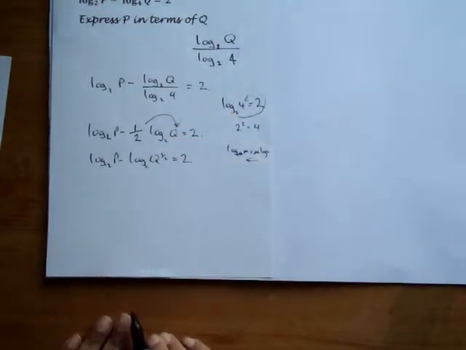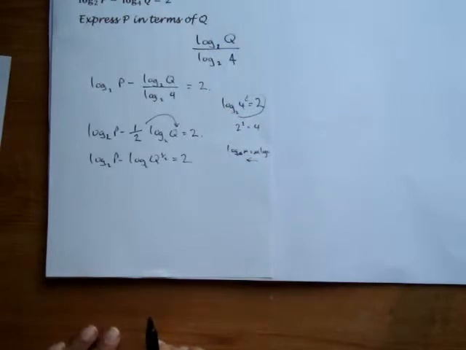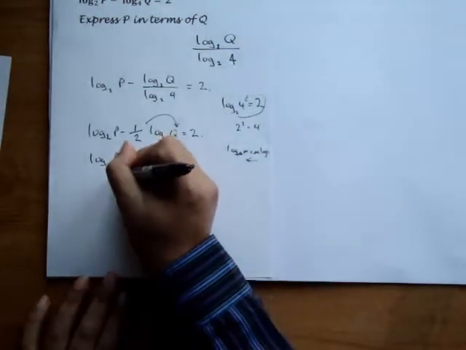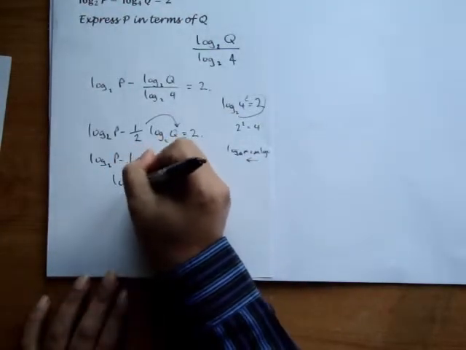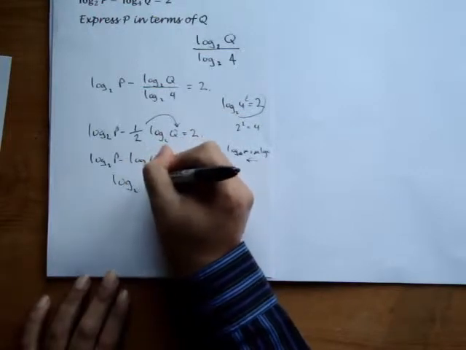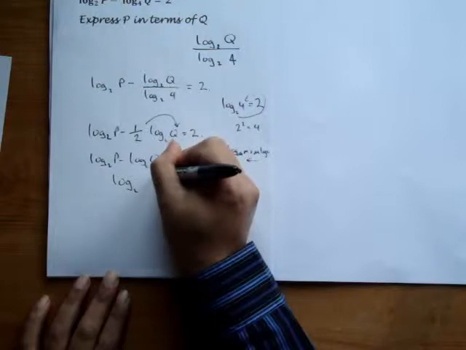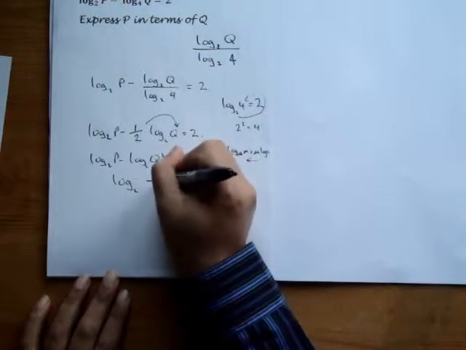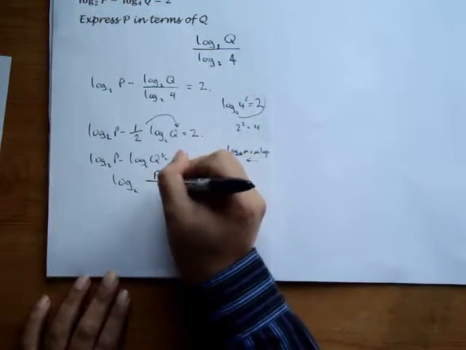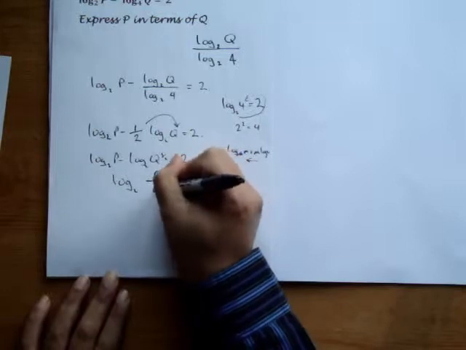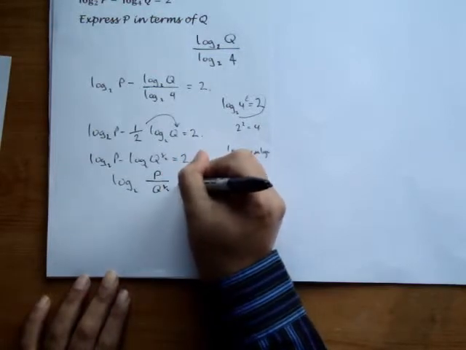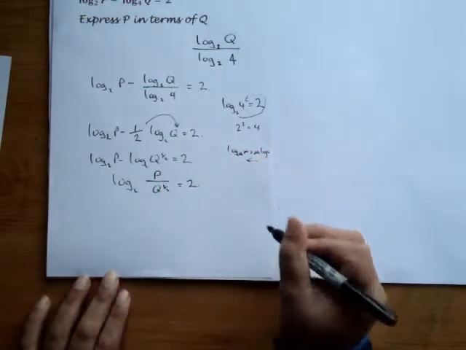Now we can combine our logs using our log laws, so this becomes log base 2 of, this one becomes the numerator, p, and this becomes the denominator, q to the half, equals 2.